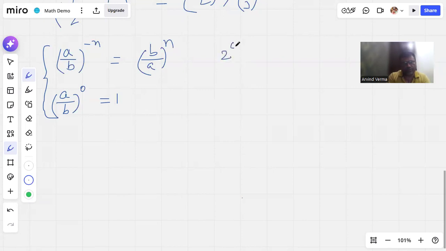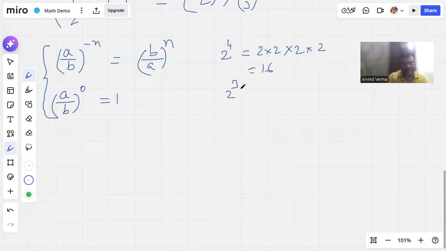So 2 raised to the power 4 is equal to 2 into 2 into 2 into 2, that is 16.